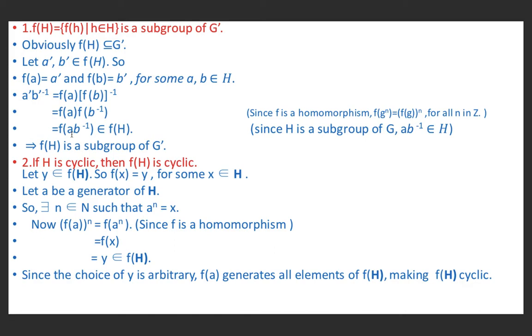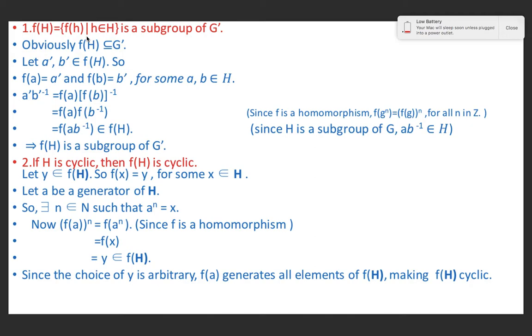But a b inverse belongs to H because H is given to be a subgroup of G. Therefore, a b inverse is an element of H. So f of a b inverse should belong to f(H) by the definition of the given set, because f(H) consists of elements of the form f(h) where h belongs to H. So f of a b inverse belongs to f(H). This implies f(H) is a subgroup of G'.